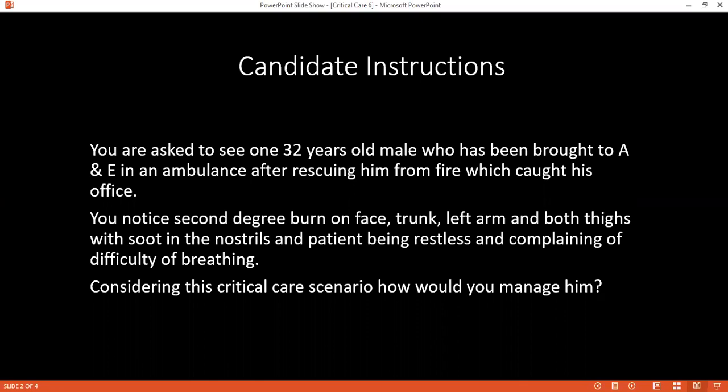All right. How would you confirm that this is second-degree burns? In other words, patients with second-degree burns present with what signs and symptoms?